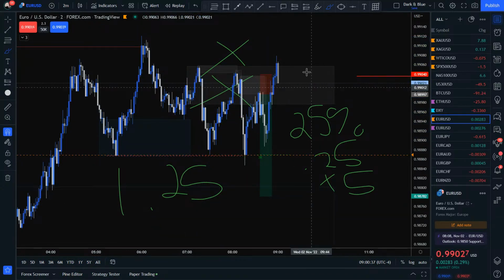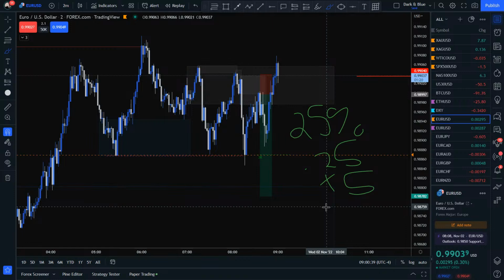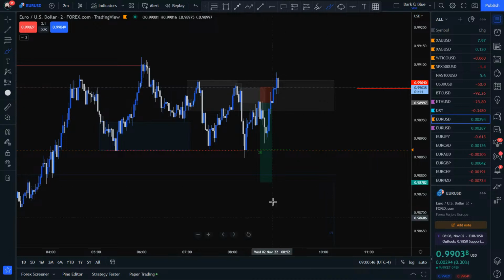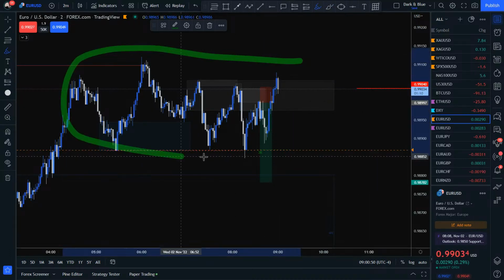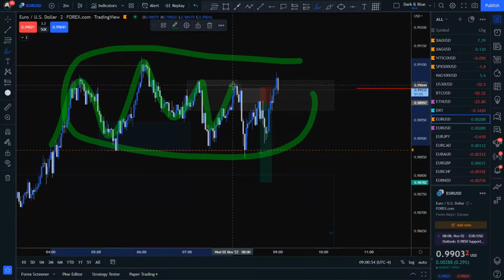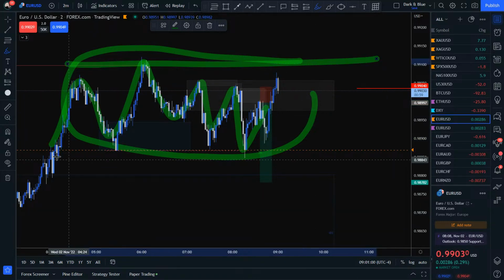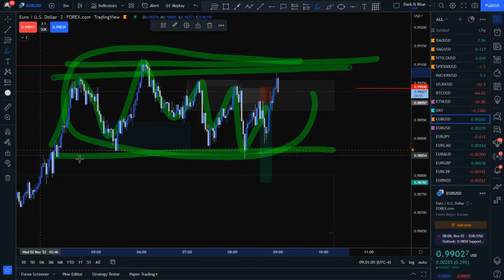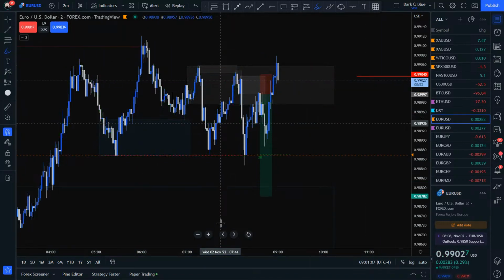So taking this one loss is no big deal. You want to be careful. I should have been a little more cognizant of this range of price. I wanted to play the edge: you want to take sells from the top and buys from the bottom of any trading range.